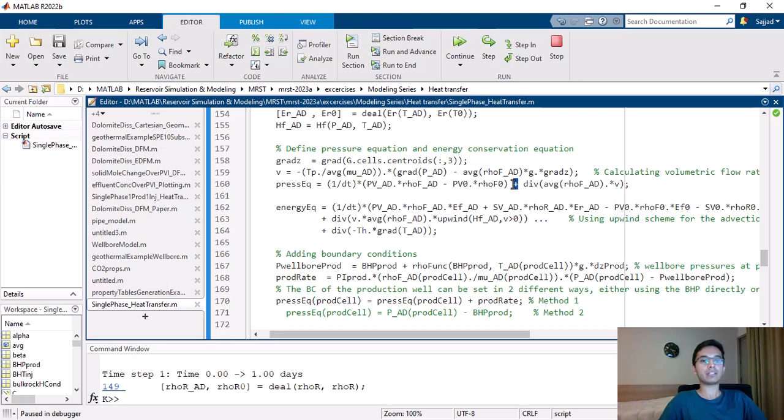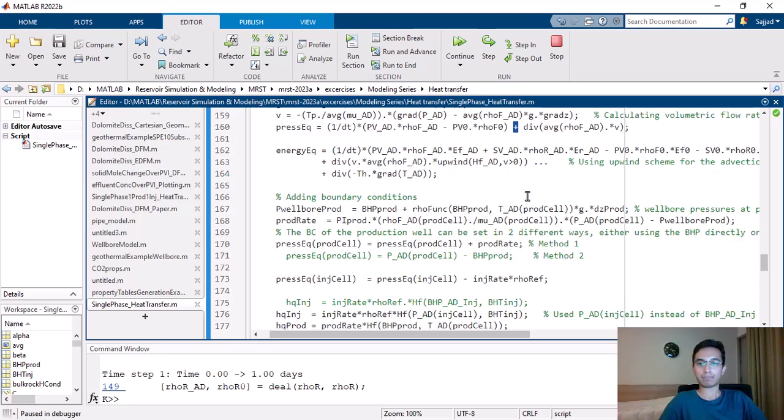And the same thing happens to the boundary conditions. Boundary conditions are added to the right-hand side of the pressure equation, but because we moved all of them to the left-hand side of the equation to write these residual equations, we need to change the sign.